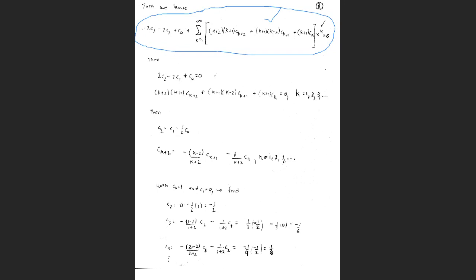The 2c2 minus c1 plus c0 would have to equal 0, and the coefficients in the power series also have to all equal 0.